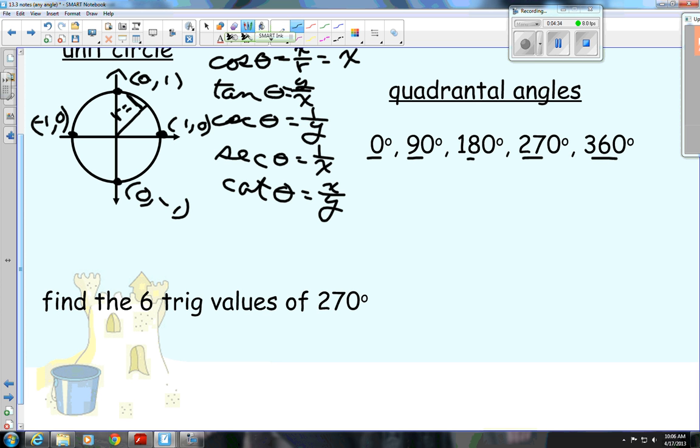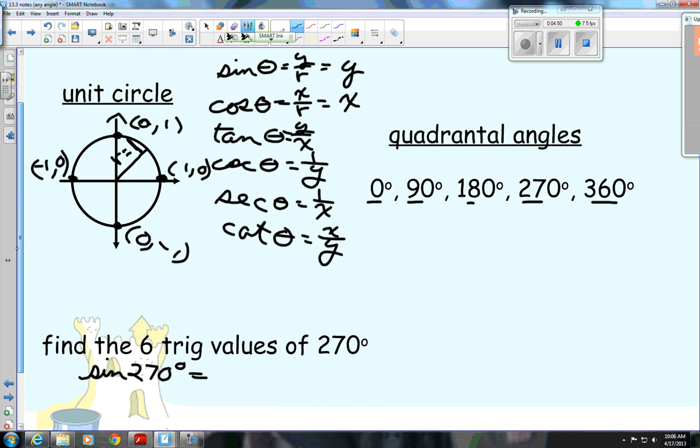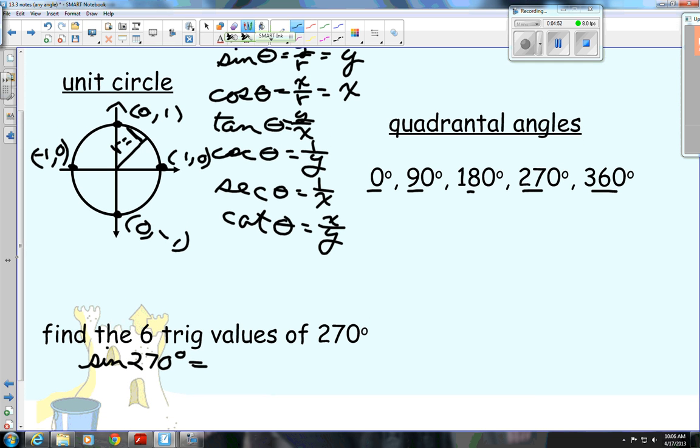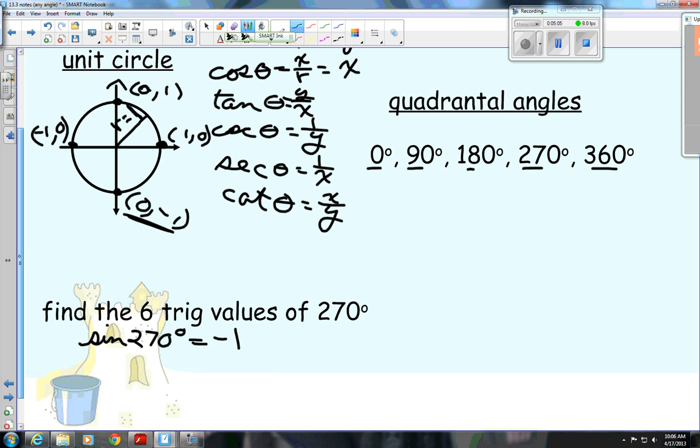So we're going to use that to find the 6 trig values of 270 degrees. So we'll start with the sine of 270 degrees. Well, we just said in the unit circle it's just y. So here's 270 degrees right here. What's my y value there? Y value is negative 1. Okay?